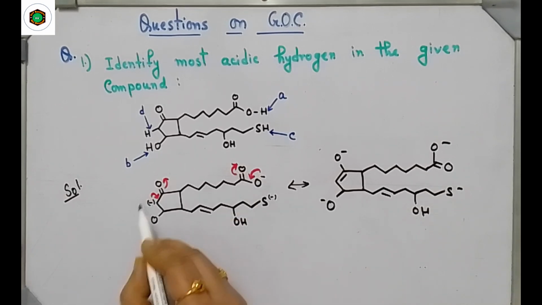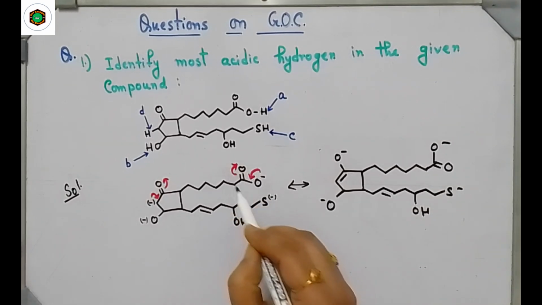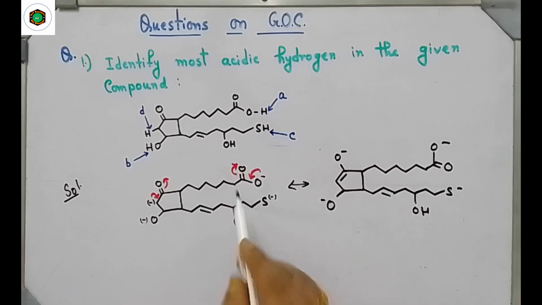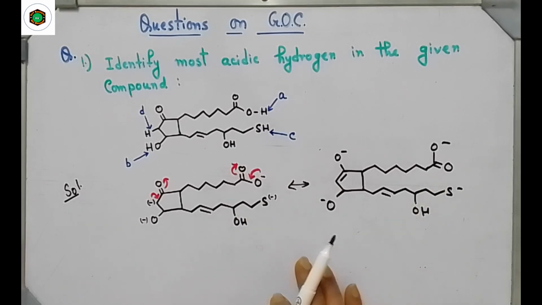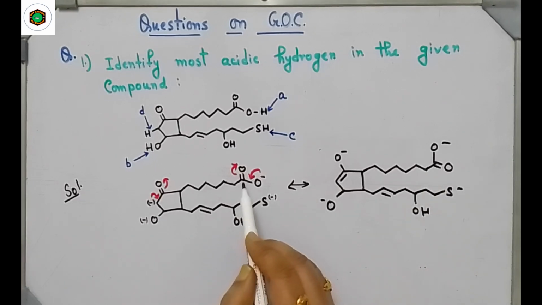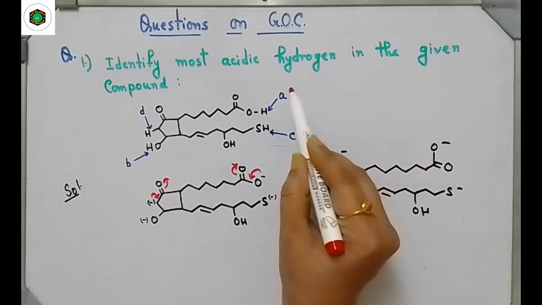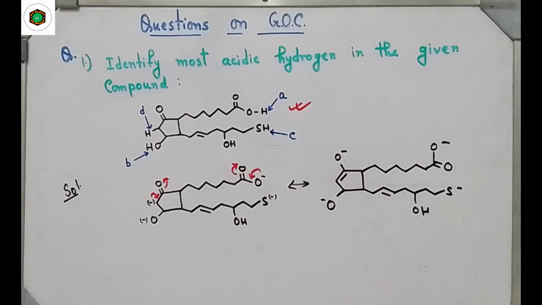So out of these 4 anions, this is most stable due to resonance because it is having equivalent resonating structures. Therefore, this is the most stable anion, so the corresponding acid is most acidic. Therefore, which hydrogen is most acidic? This hydrogen A is most acidic here.